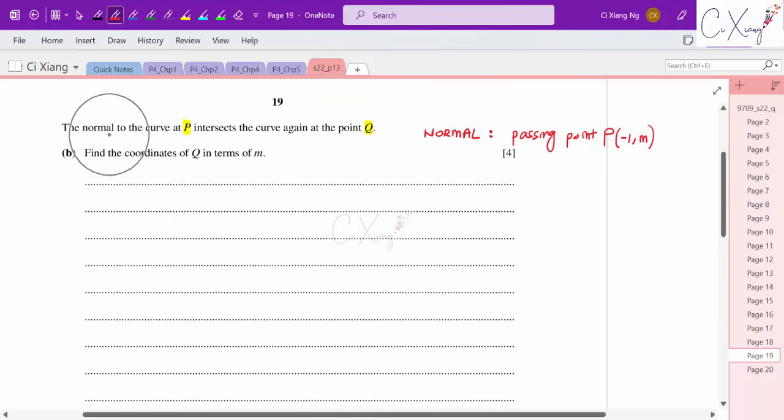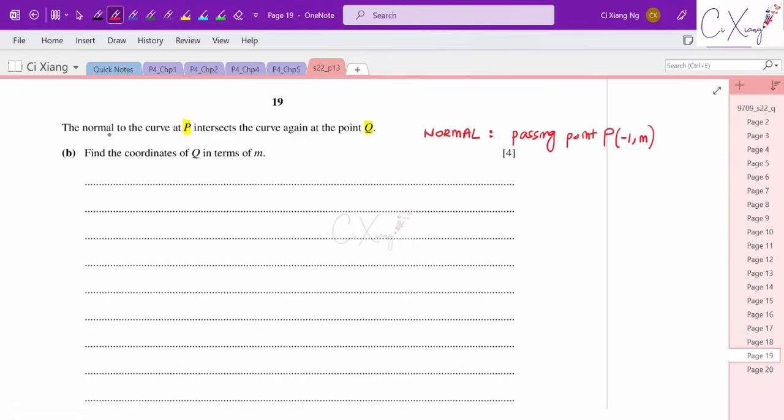We are interested to find out the equation of the normal. Therefore, I need to find out the gradient of the tangent first. So from part A, I know that the gradient of the tangent is equal to m. Since we are interested to find out the normal, we can use the property where normal gradient times tangent gradient equals -1, right?